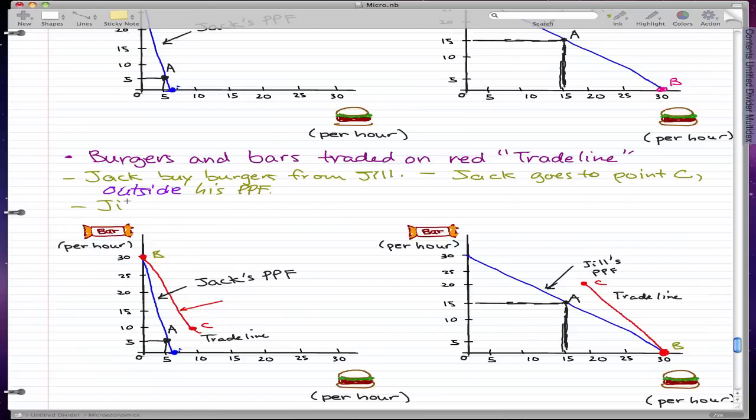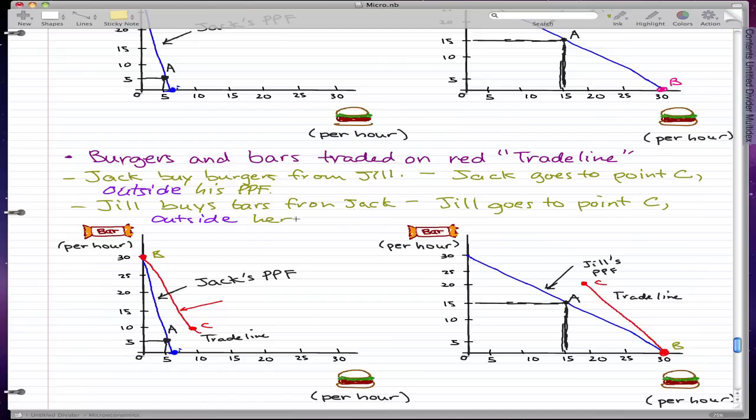So let's note what happens for Jill. Jill buys bars from Jack. In this case, Jill also goes to point C. And again, this is really significant: she moves outside her PPF.